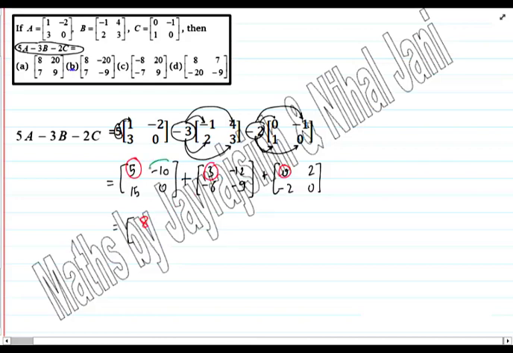Then minus 10, minus 12 and plus 2 will be minus 20. The next term, 15 minus 6 minus 2 will give us plus 7. And the last term is 0, minus 9 and 0, so here we have minus 9. So 8, minus 20, 7, minus 9 is your answer. Option B is your final answer.